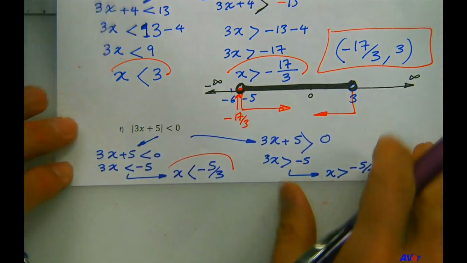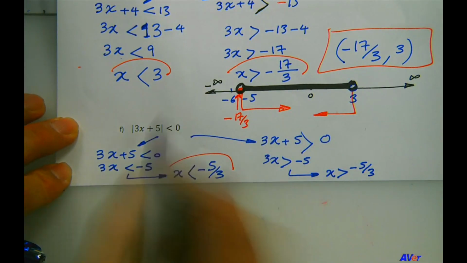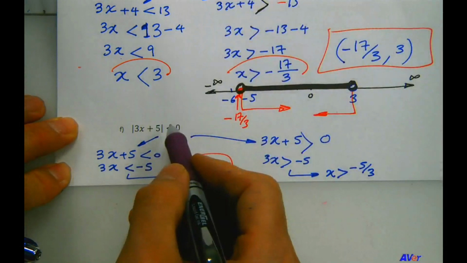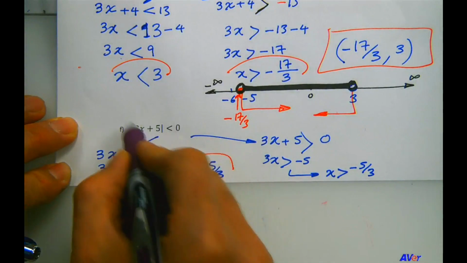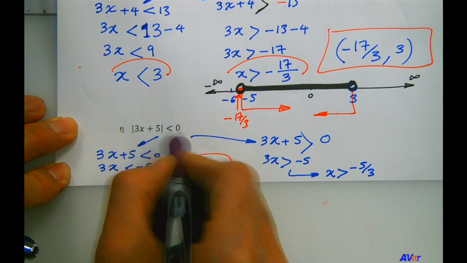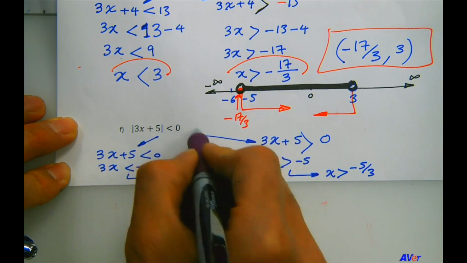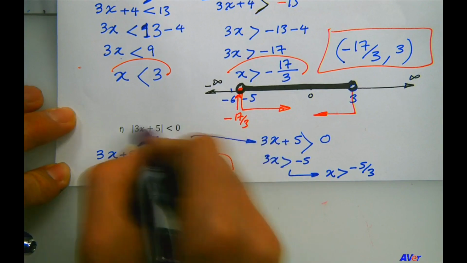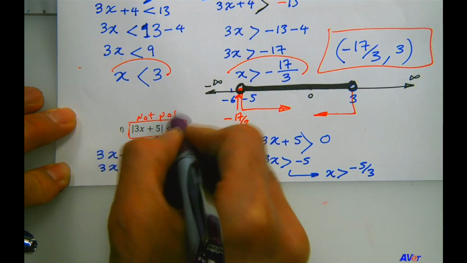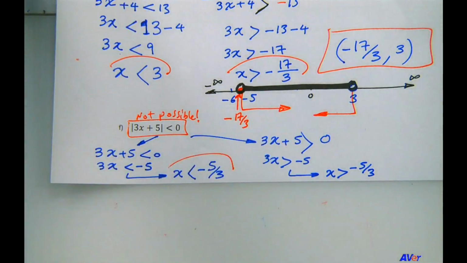So this is one of those questions again. But in any case, we end up with the same thing, right? I'm sure a lot of you were much smarter than me and saw that this is not possible, right? How can an absolute value be less than 0, a negative number? So right away, you could say that this is not possible, and you'd be smarter than me if you said that.